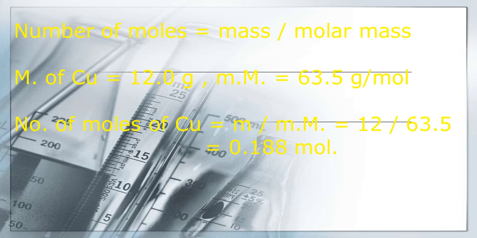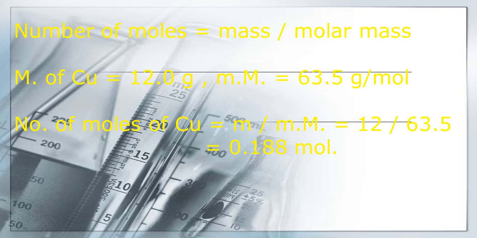So number of moles equals mass divided by molar mass. We have the mass of copper, 12, divided by the molar mass of copper, its atomic mass, 63.5, as it has only one atom. We must divide them. We get 0.188 mole.